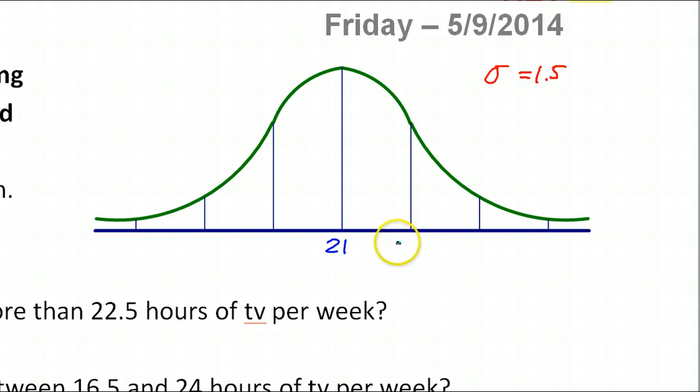Okay, so this is going to be 22.5, and this is going to be 24, and this is going to be 25.5. Now, as I subtract 1.5 each time moving to the left, first I'm going to arrive at 19.5, and then 18, and then 16.5.